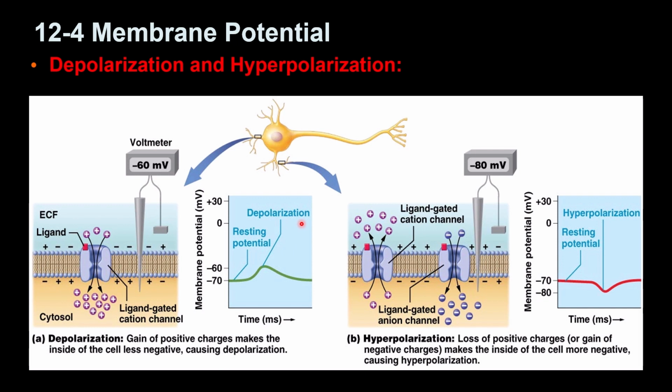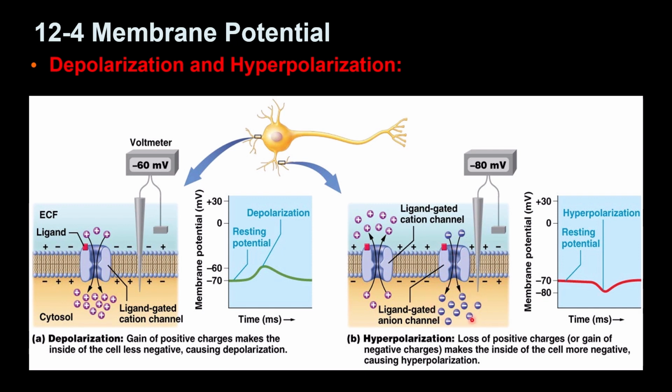That's called depolarization. But if you have a different situation here, so this is the plasma membrane again, there are two different channels here. A neurotransmitter comes, and now the potassium leaves. The potassium is positively charged. So if the potassium leaves, inside the cell becomes what? More negative. Or a different type of neurotransmitter can come, and negative ions like chloride enter the cell.